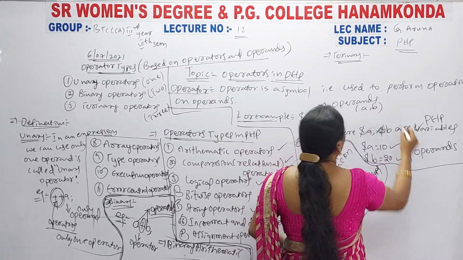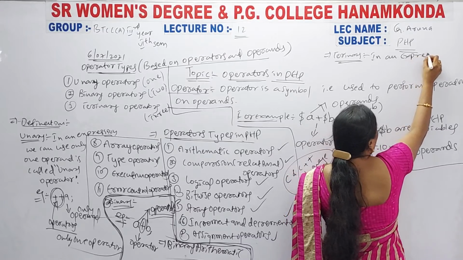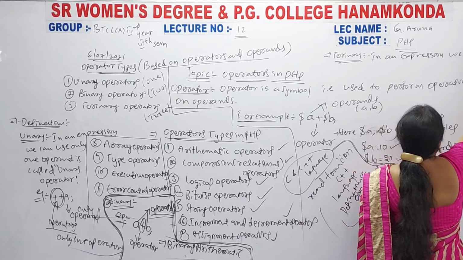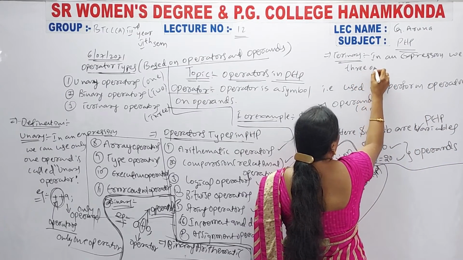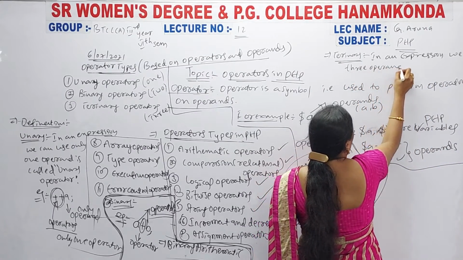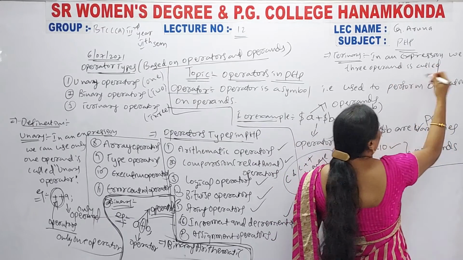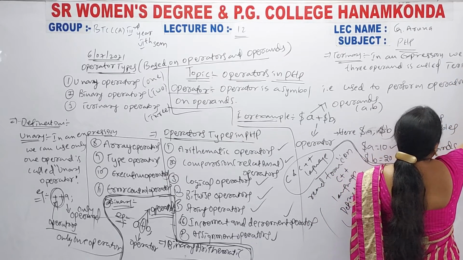In an expression, we use 3 operands, which is called a ternary operator.